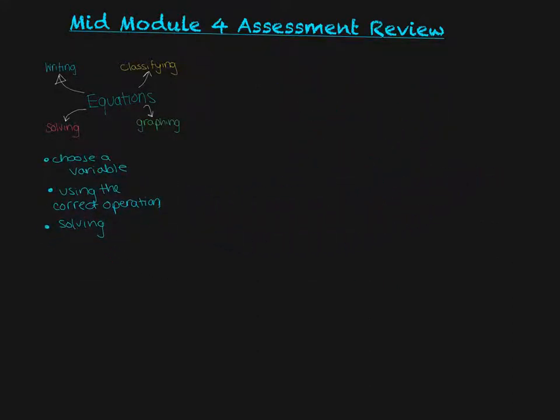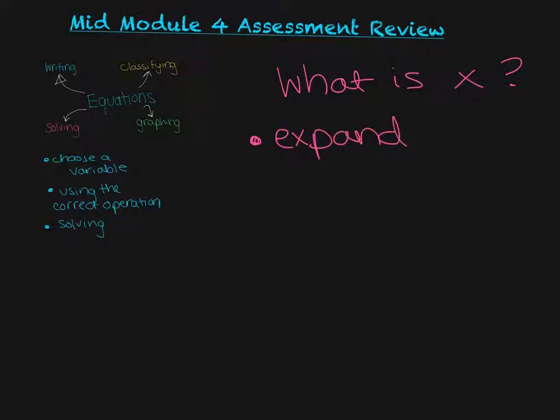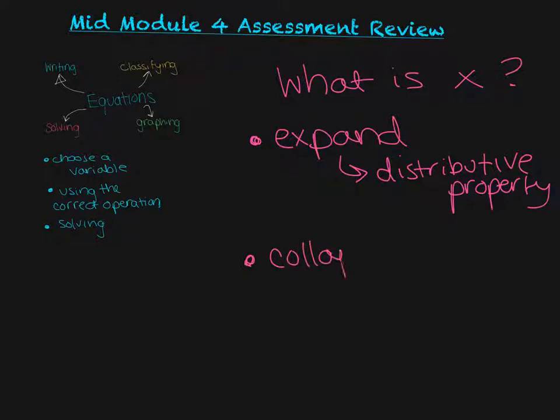Now, when we solve an equation, we want to figure out what is x, or what are x and y, if we're working with an equation with two variables. The ones on your test only have one variable. So you got to remember that you need to either expand the equation, meaning there is the distributive property, or you need to collapse your equation, meaning group like terms.